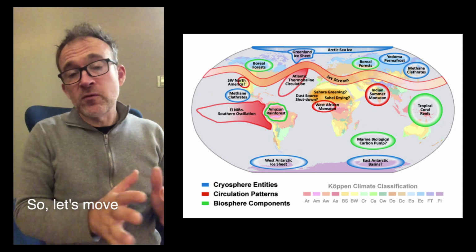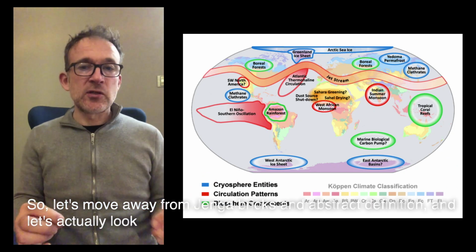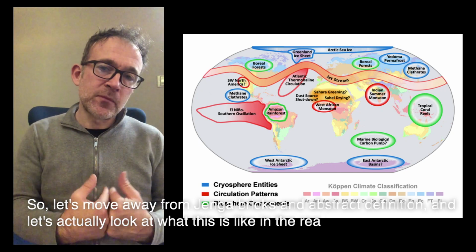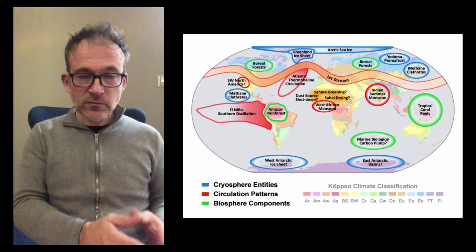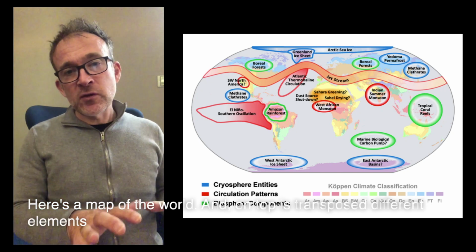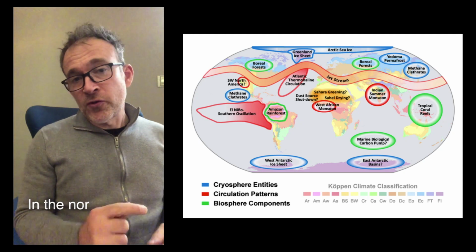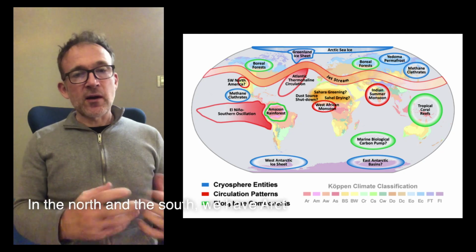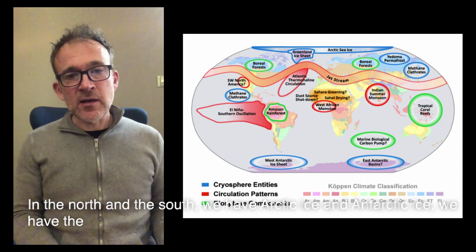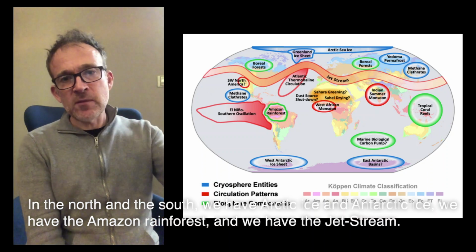So let's move away from Jenga bricks and abstract definition, and let's actually look at what this is like in the real world. Here's a map of the world, and on top is transposed different elements of the Earth's system. In the north and the south, we have Arctic ice and Antarctic ice. We have the Amazon rainforest, and we have the jet stream.